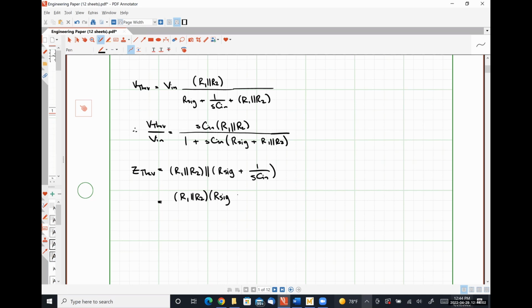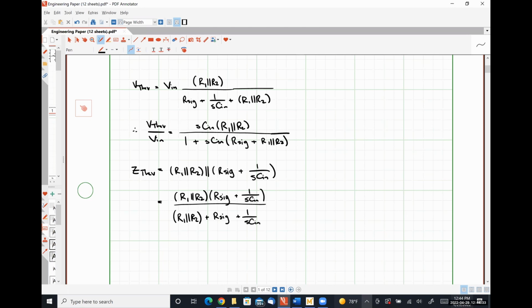Times R sig plus 1 over SCn, divided by R1 in parallel with R2 plus R sig plus 1 over SCn. And so now I'm going to multiply by SCn to clear some things out, right?